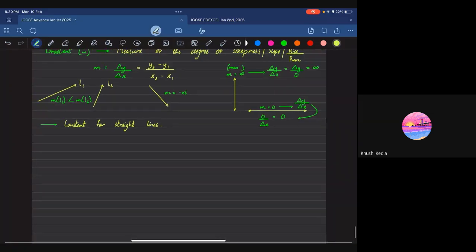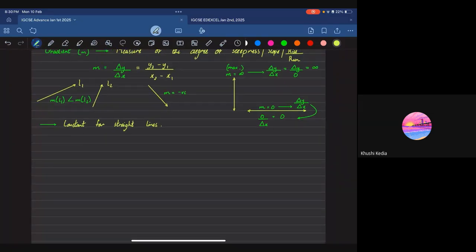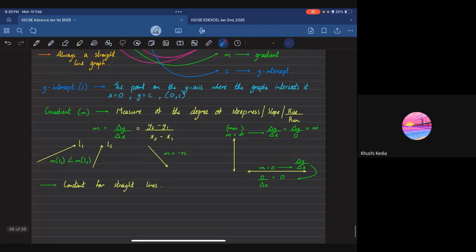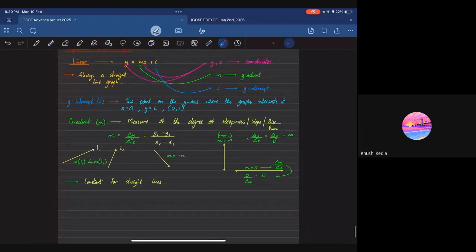A gradient is constant for straight lines. Also, for collinear lines as well, the gradient is constant. Is this clear, guys? Anyone who does not get this, let me know.